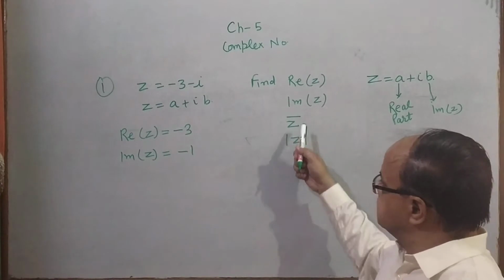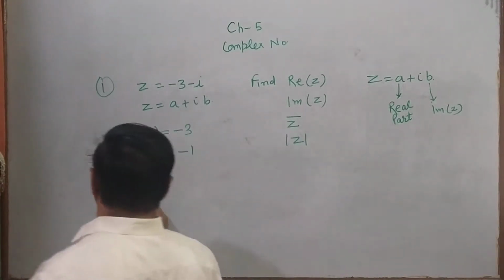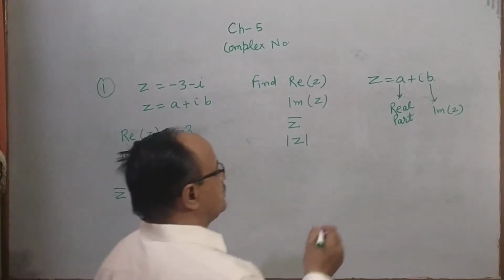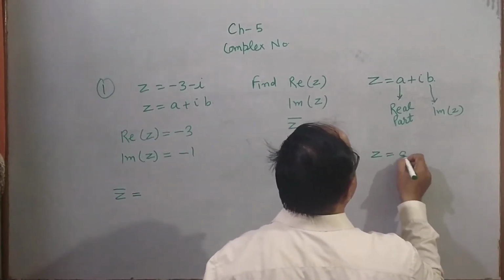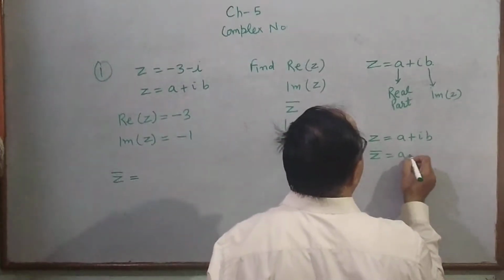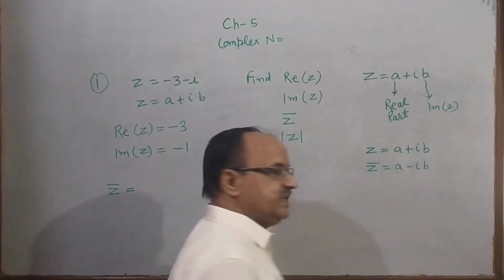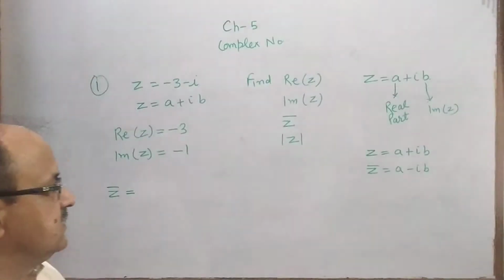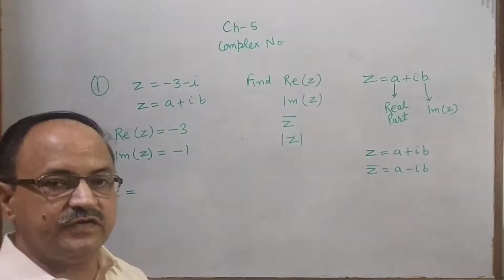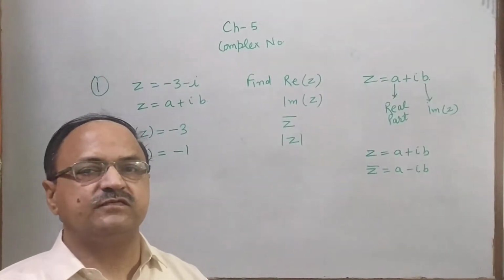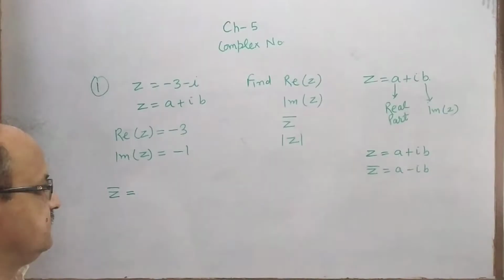And the next one is Z conjugate. Z is equal to A plus iota B and Z conjugate means A minus iota B. Just change the sign of the imaginary part.